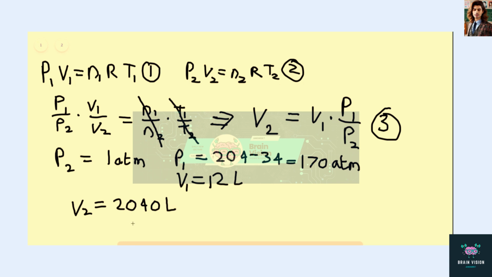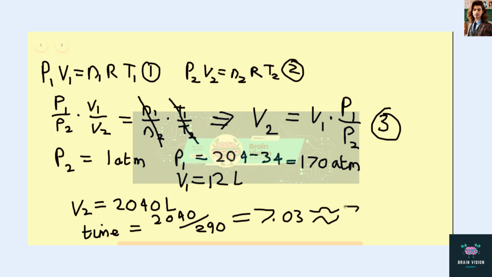And at the flow rate given of 290 litres per minute, to get the time, time is equal to 2040 divided by 290, which is our flow rate into the scuba tank from the outside air, and that gives us 7.03, which is approximately 7 minutes as required.